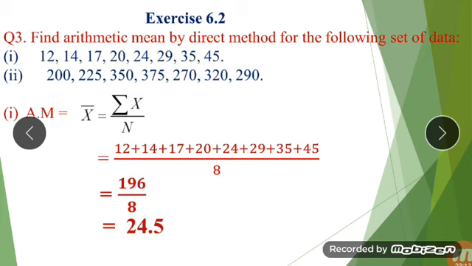Here the values are small, so you can calculate without a calculator. But if the values are very large, it is very difficult to find the mean in the absence of a calculator or statistical software.